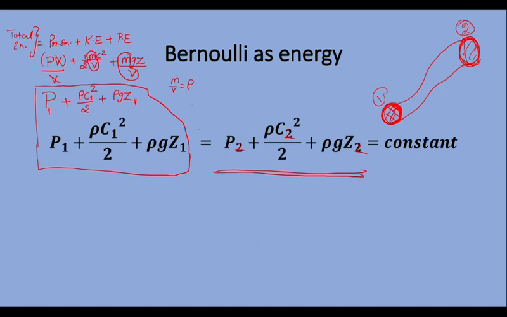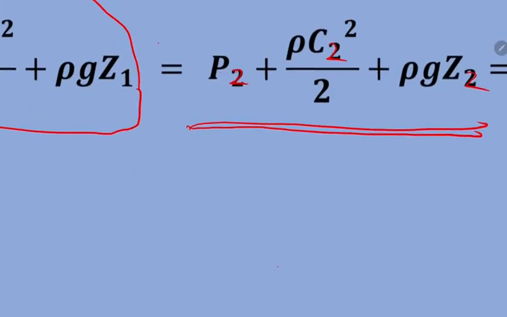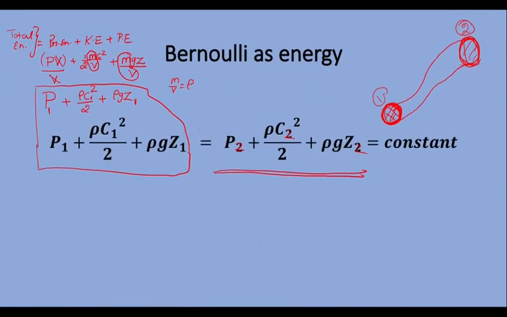But you know what? Rather than writing it in terms of energy, I want to write it in terms of height, because it's going to make it so very simple for us all. If I want everything in height, which is z, what should I do? I should divide this equation by rho g.